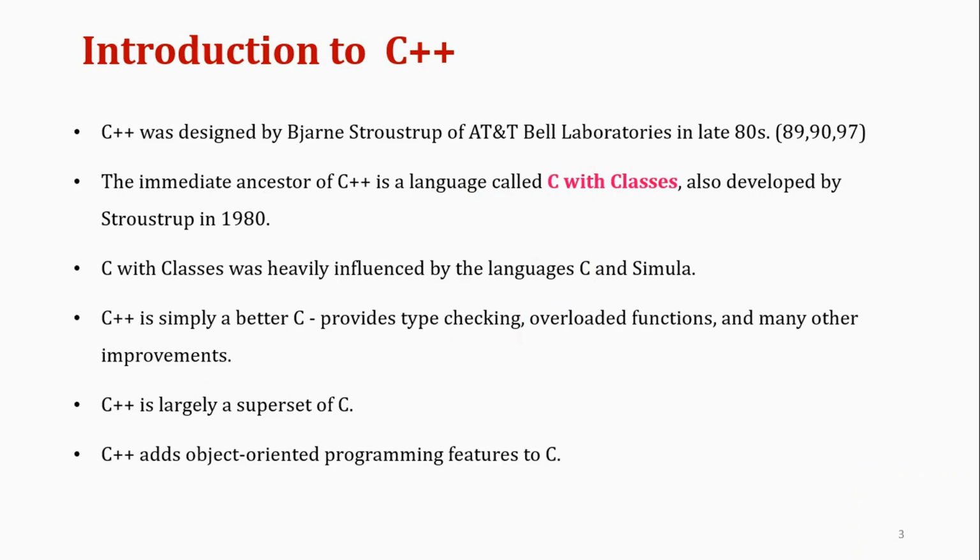C with classes was heavily influenced by languages like C and Simula. So C++ is simply a better C, providing type checking, overloaded functions, and many other improvements which are not in C. It is largely a superset of C. So C++ adds the object-oriented programming scenario to the language C. Simply, C++ can be called C with classes.